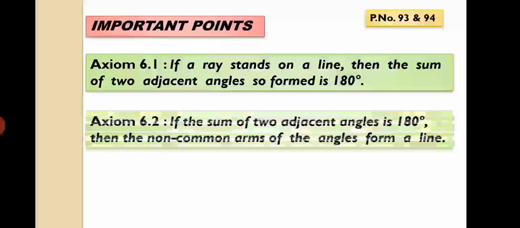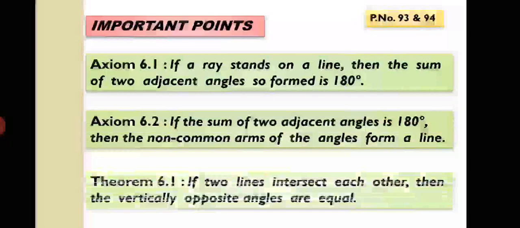Axiom number 6.2, if the sum of two adjacent angles is 180 degree, then the non-common arms of the angles form a line. This statement is just opposite to the statement of axiom number 6.1. And theorem number 6.1 is, if two lines intersect each other, then the vertically opposite angles are equal.